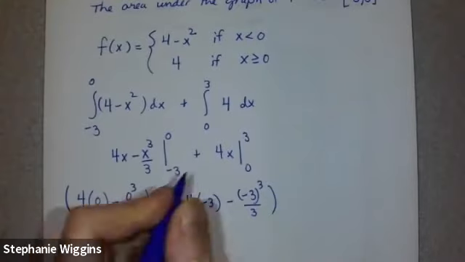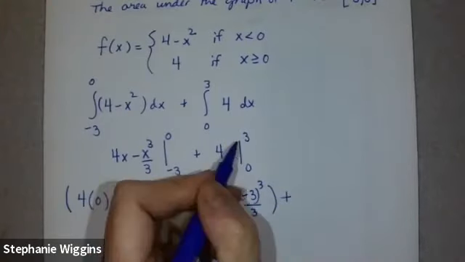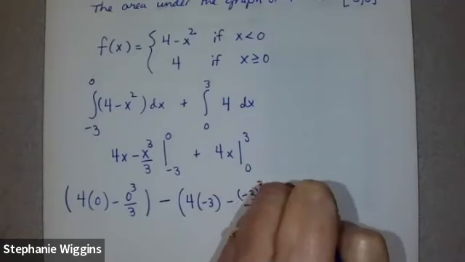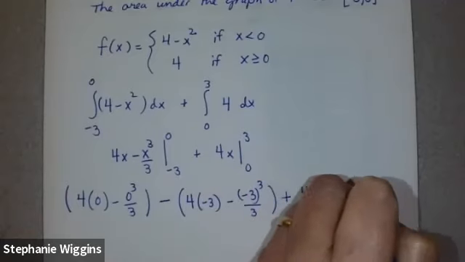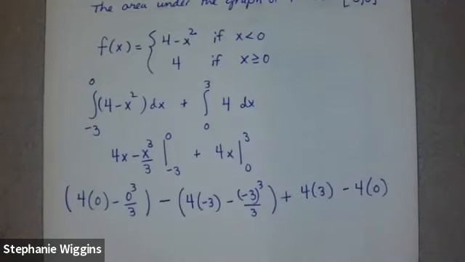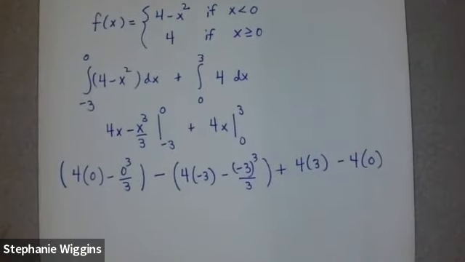And then we're doing the same thing for this part. We're adding 4 times 3 minus 4 times 0. So this, of course, is 0 here, and this is 0. So really, I'm just doing this calculation here.